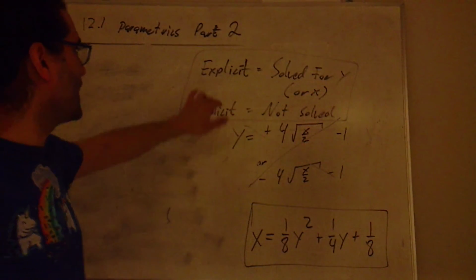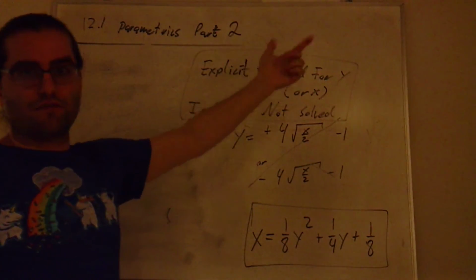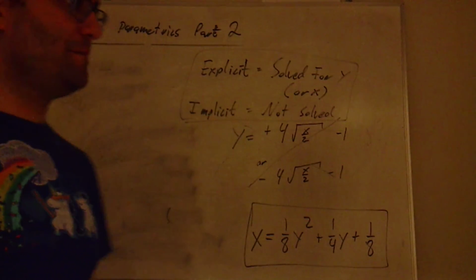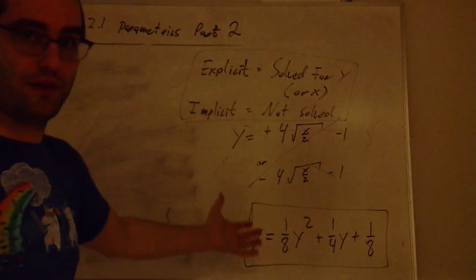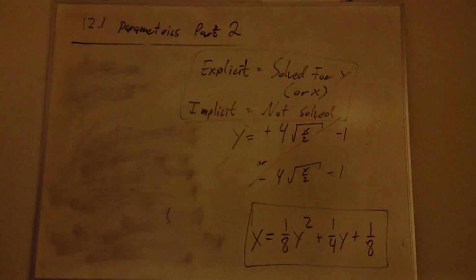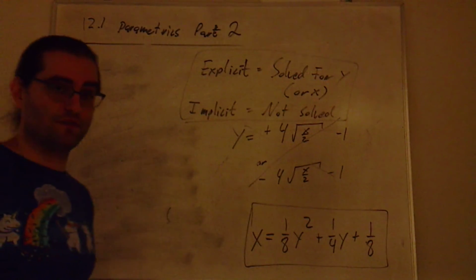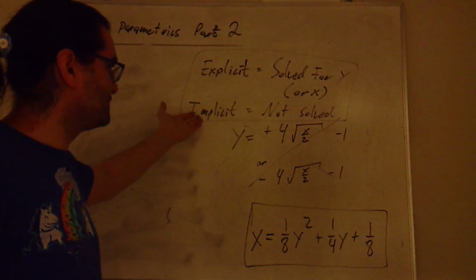That example we got into a form that was explicit, y is a function of x. That's not going to work with all the parametric functions that we deal with in this section. Some of the functions we deal with are going to be weird shapes that you can't do with normal x and y functions, and so we're going to have to leave those implicit.